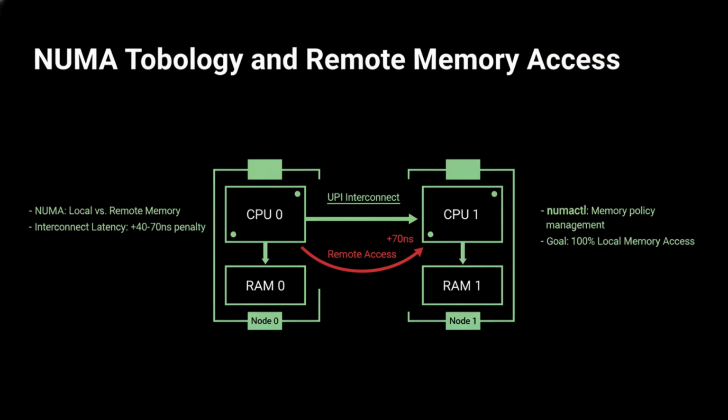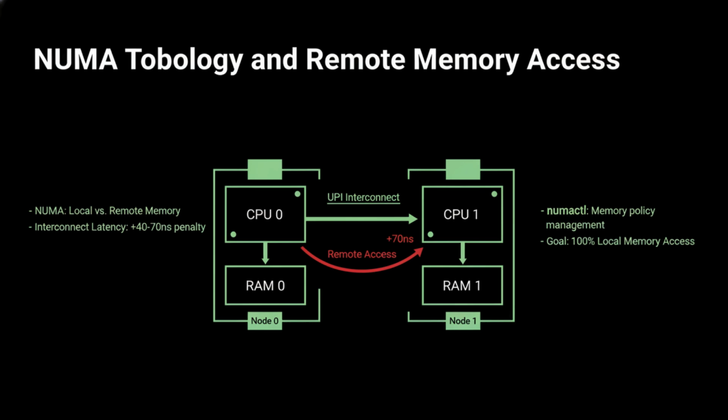In multi-socket servers, we deal with NUMA, non-uniform memory access. Each CPU socket has its own local RAM. If a thread on socket 0 accesses memory on socket 1, it must traverse the QPI or UPI interconnect. This remote access adds roughly 40 to 70 nanoseconds of latency compared to local access.